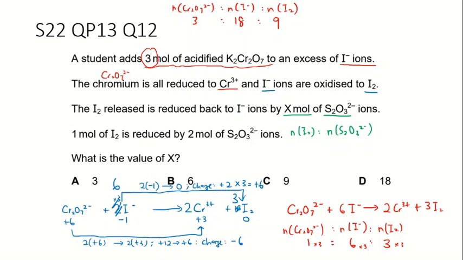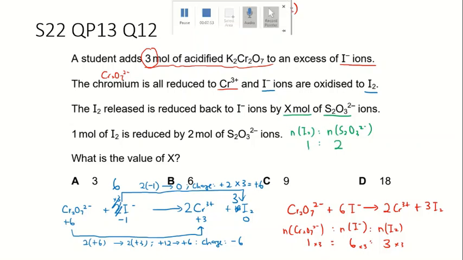So the ratio of iodine to thiosulfate ions will be 1 to 2. Again, because they say 1 mole of iodine is reduced by 2 moles of thiosulfate. So this is the ratio.